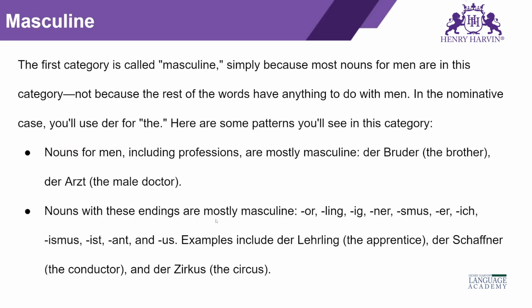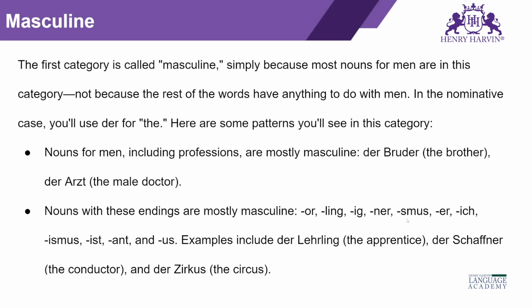We are going to see what all things are covered in masculine. All the nouns for men, including professions, are mostly masculine. For example, der Bruder. Bruder is brother, so obviously the article is der. Male doctor, der Arzt. Apart from this, we also have some noun endings like or, ling, ig, ner.